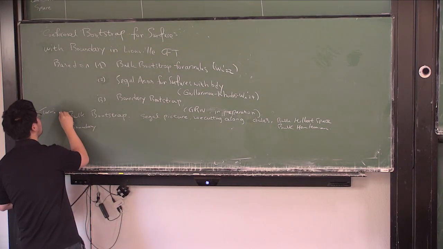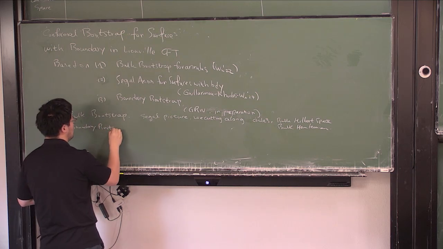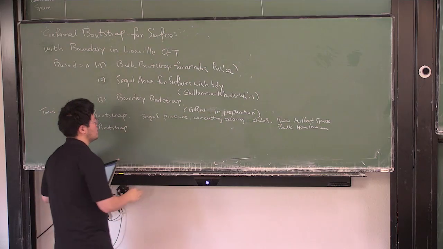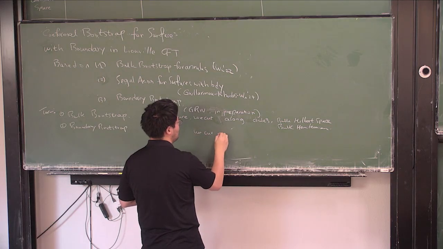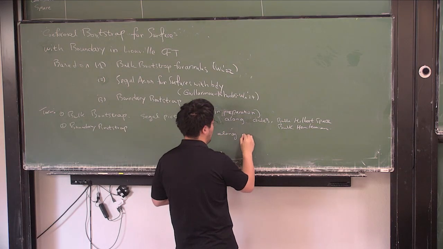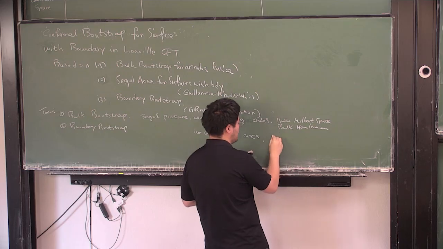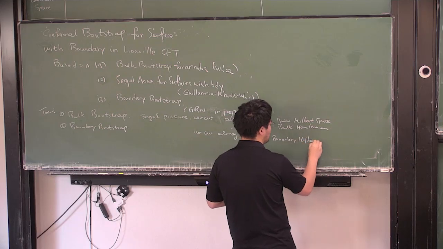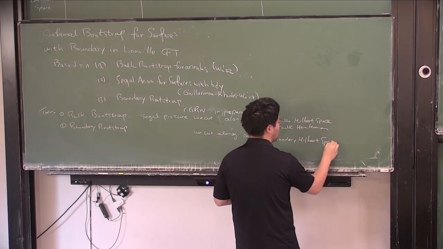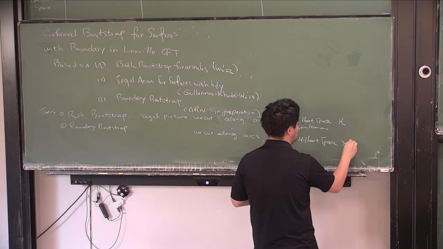Some terminology. For the boundary bootstrap, we mean in the Segal picture, we cut along arcs, and we associate some boundary Hilbert space. And maybe some H here and H plus here.